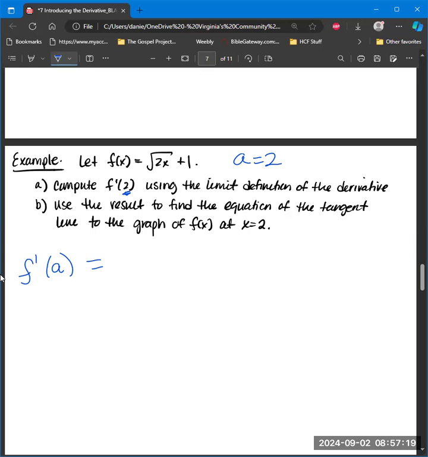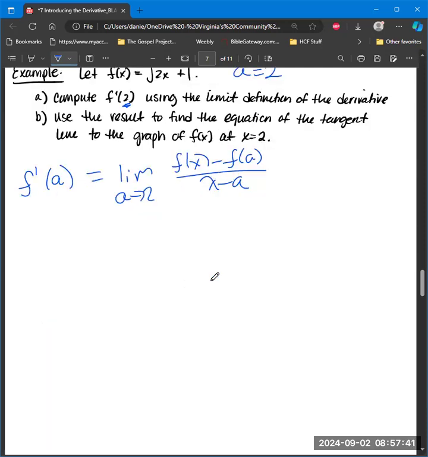I'm going to do it both ways here. The limit as x approaches 2 of f of x minus f of a over x minus a. I'm going to start with this one and show you that it's the same as the other way that we've been doing this.